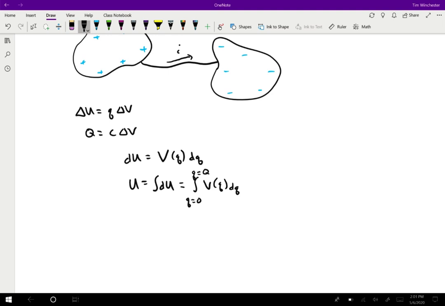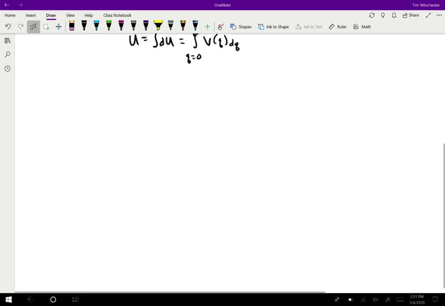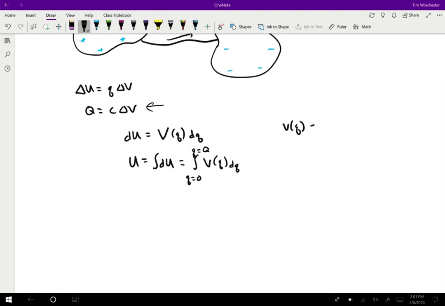All right. Well, I know how the potential difference is going to depend on the amount of charge. I have a formula for that right here. Okay, so V of q, which is the potential difference, is going to be equal to q over C. Or, in our case, because little q is the amount of charge that's present partway through charging, little q over C. So then I'm going to have the integral from q equals 0 to big Q of q over C dq, which we can integrate easily.